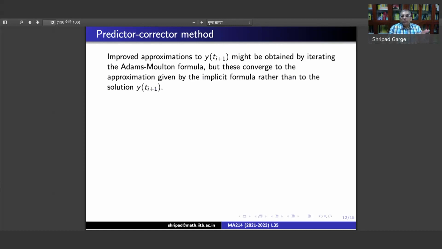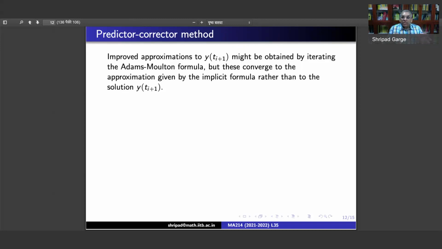If you keep repeating the Adams-Moulton, trying to improve the approximation w_{i+1}, it is not going to give you y(t_{i+1}), because really speaking y(t_{i+1}) is slightly away, and the difference equation has something to do only with the previous values and the i+1. So the point basically is that you have all our approximations, and using only the approximations, there is no way that you are going to reach the exact value.